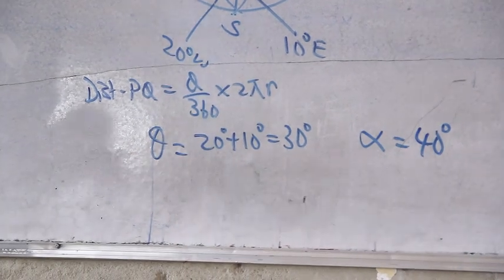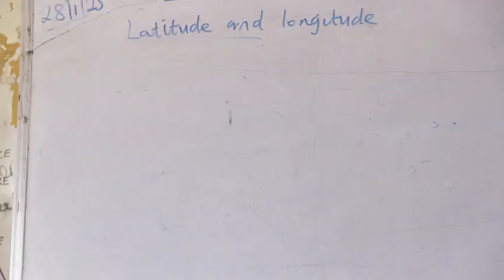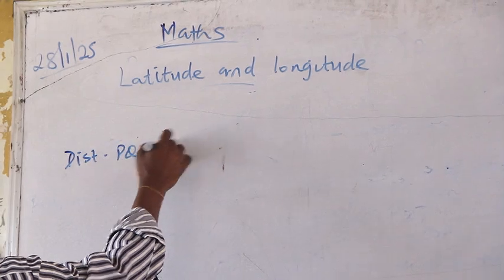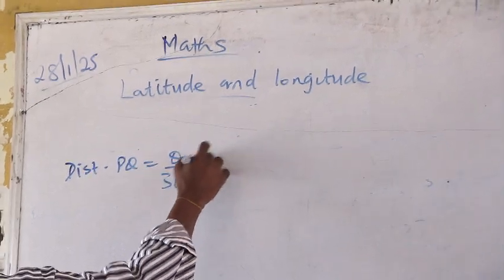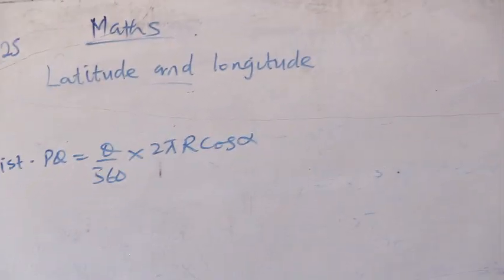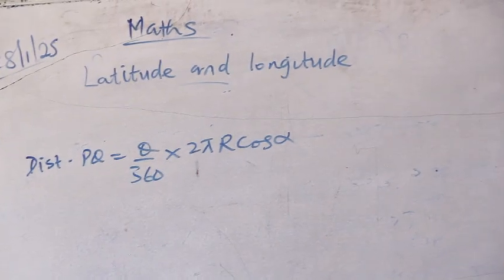The distance now is going to be, let me state the formula again. The formula from there is distance PQ equals theta over 360 times 2 pi small r, which is big R cos alpha. I've changed that small r to big R cos alpha. Then you now do the substitution.